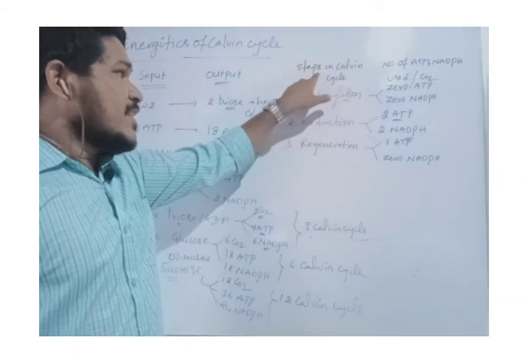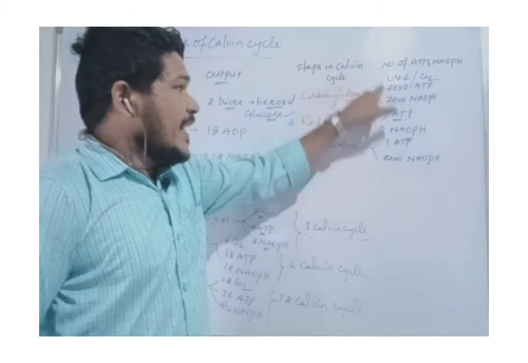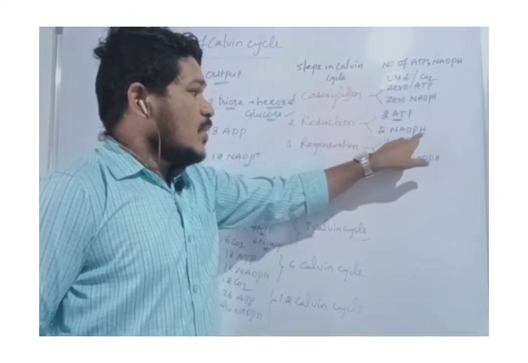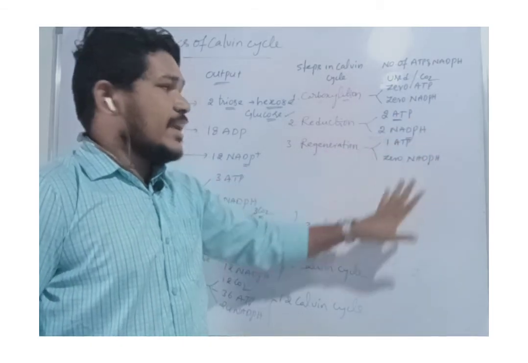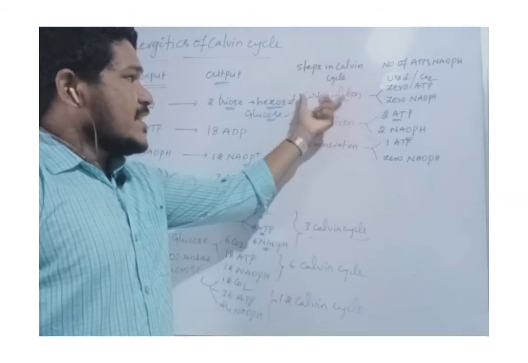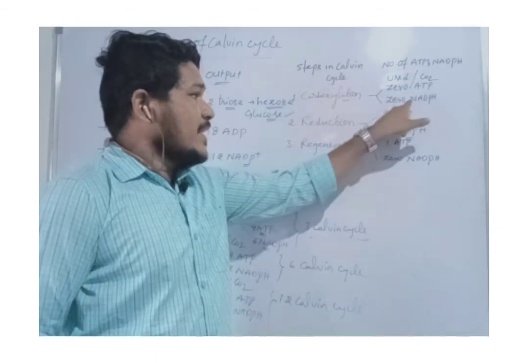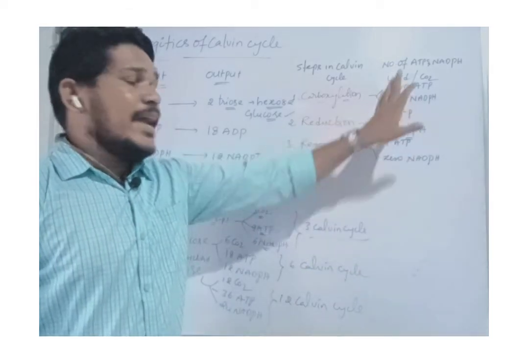If we observe the steps of the Calvin cycle, like carboxylation, reduction and regeneration, where are ATP and NADPH molecules required and how many? In the carboxylation reaction of the Calvin cycle, 0 ATP and 0 NADPH molecules; there is no utilization of ATP and NADPH.